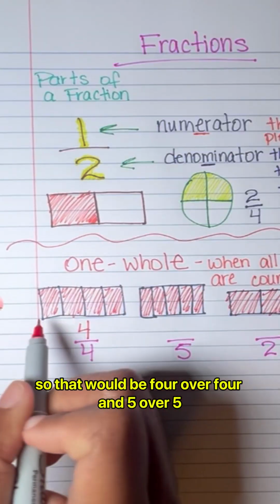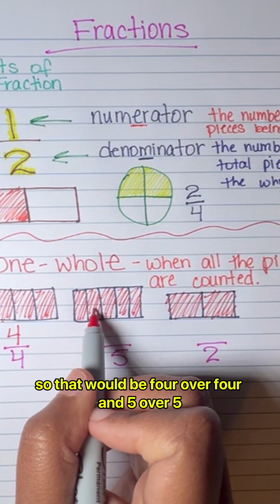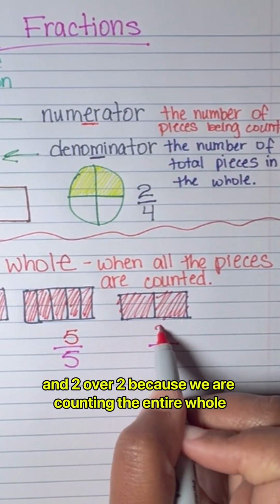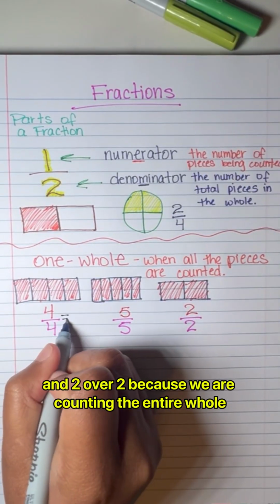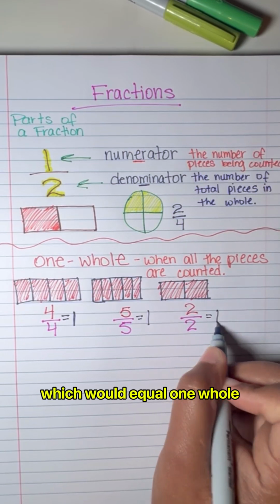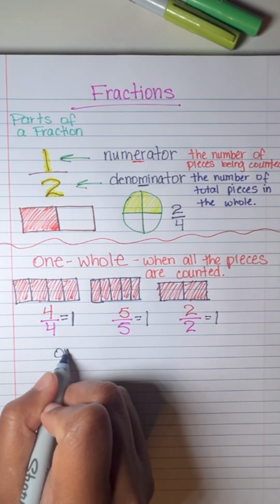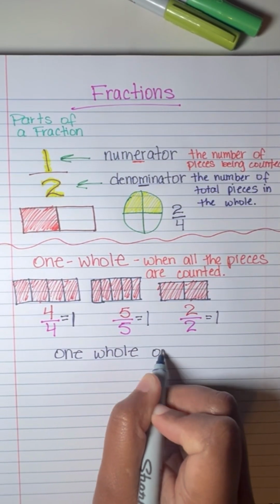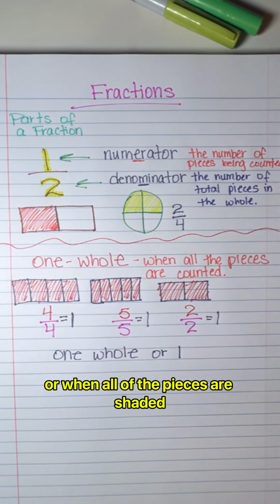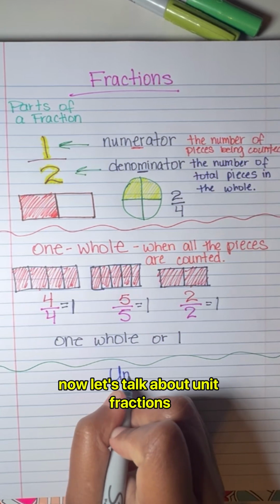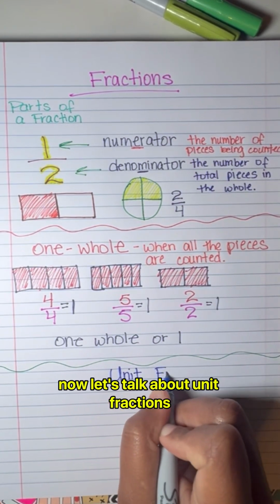So that would be 4 over 4 and 5 over 5 and 2 over 2 because we are counting the entire whole, which would equal one whole. So when all of the pieces are being counted or shaded, it would represent one whole.